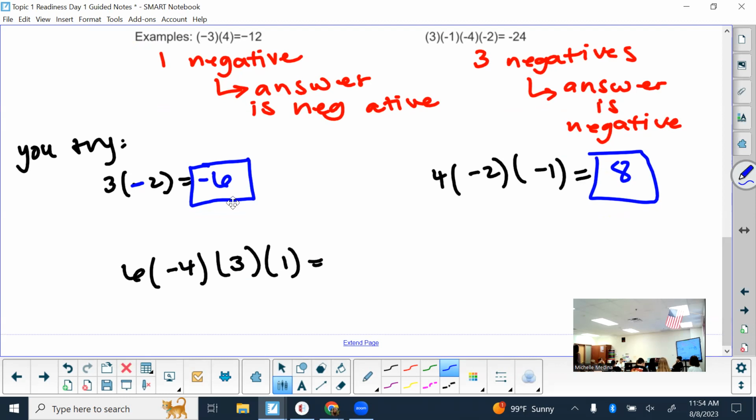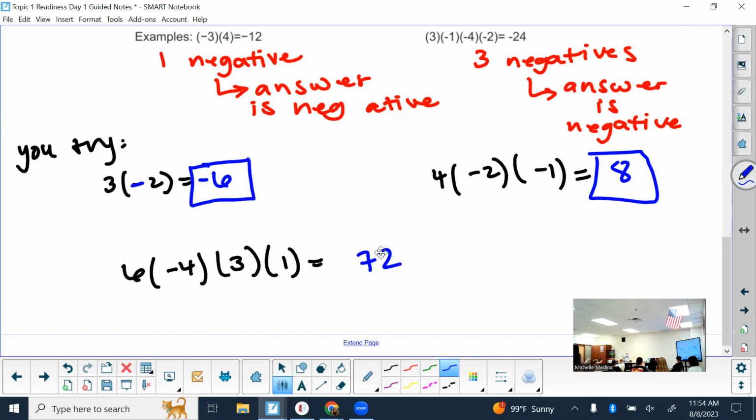All right, now. Table 3, last one. 6 times -4 times 3 times 1 is 72. All right, so 6 times 4 is 24. 24 times 3, you might have to do that one with your calculator.